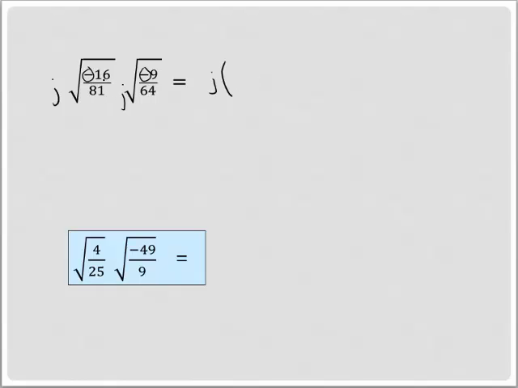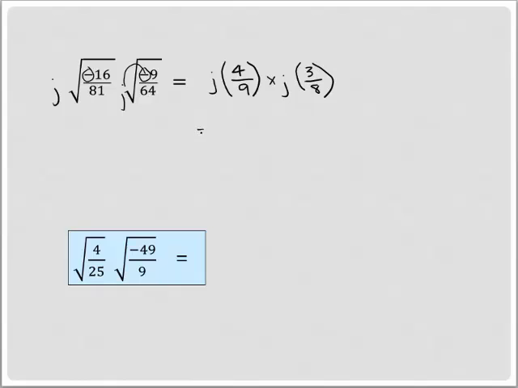We're skipping a couple steps here. So we've taken the negative out. What is the square root of 16? 4, right? And what is the square root of 81? 9. Times, we've taken the j out, so we've gotten rid of the negative sign. What is the square root of 9? 3. And the square root of 64? 8.